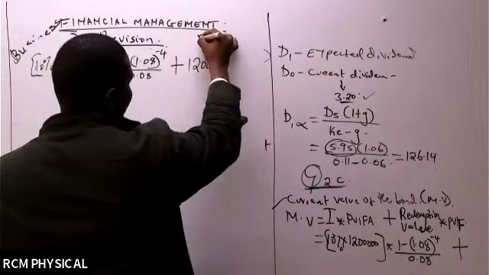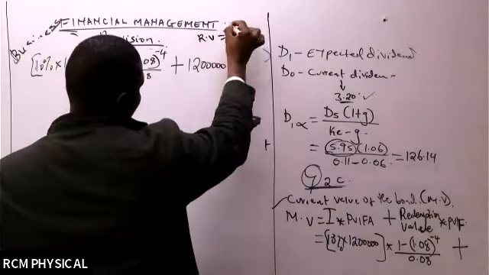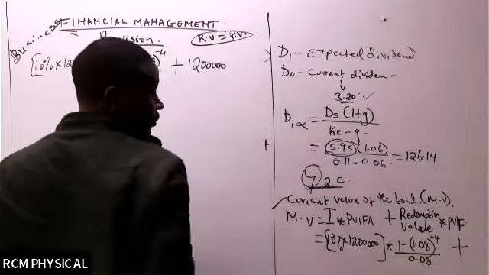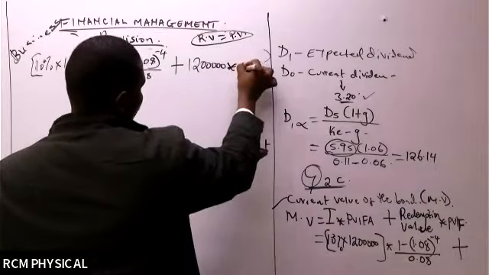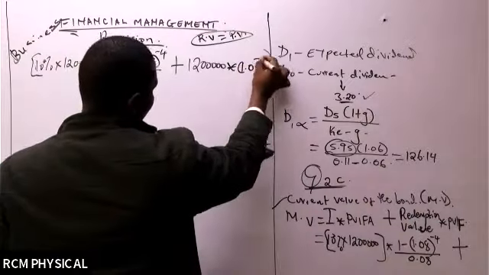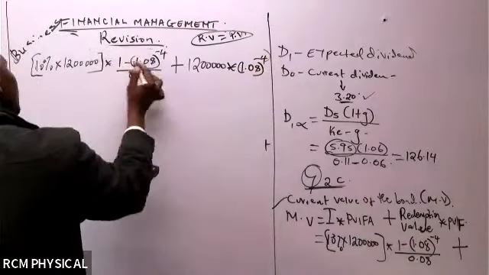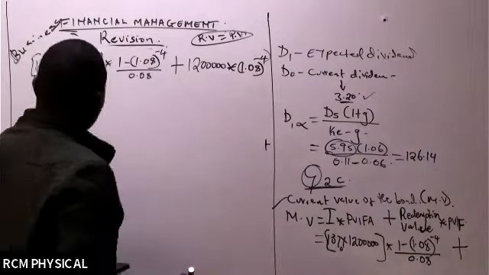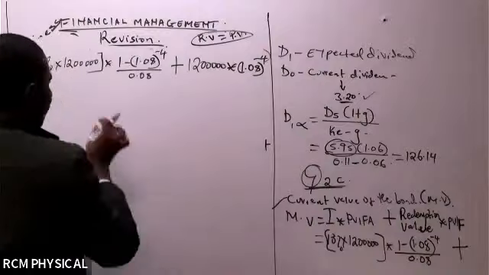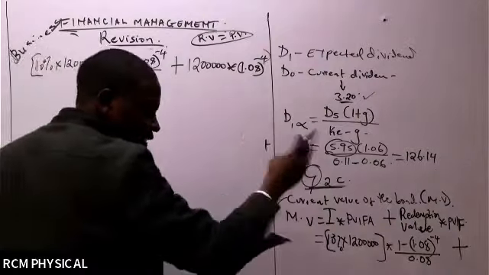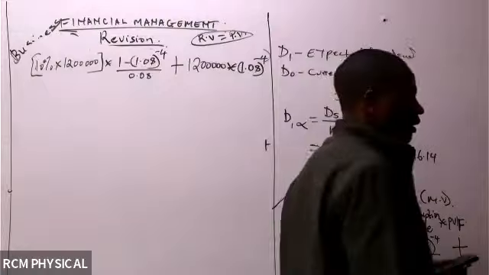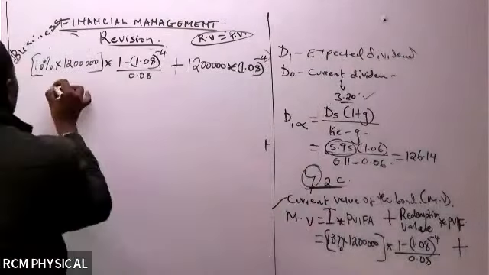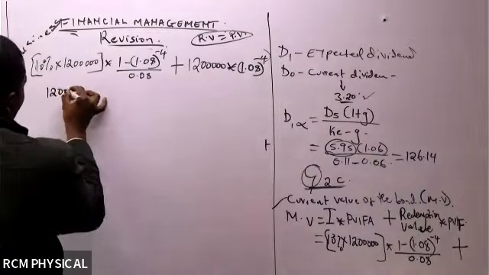You multiply by 1.08 to the power of -4. It's good to go step by step. 10% of 1.2 million is 120,000.